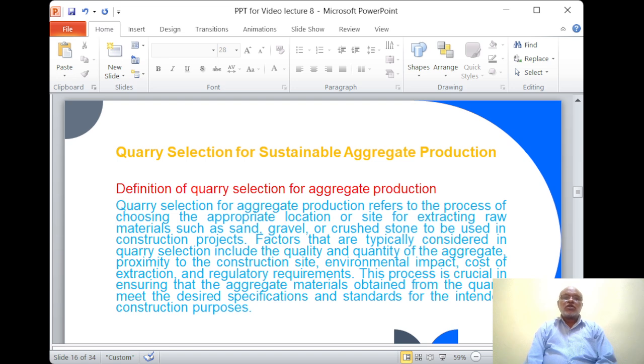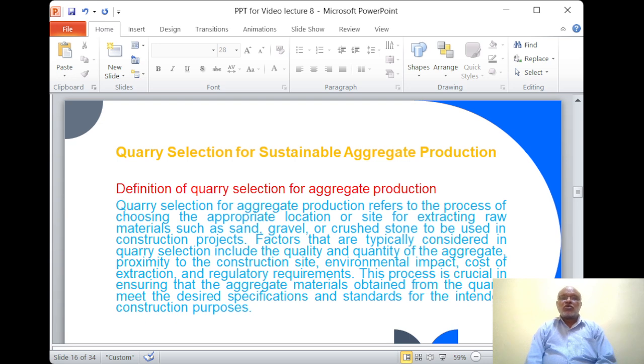Factors to be considered include quality, quantity and accessibility of the material, as well as environmental impact and legal regulations. It is essential to assess geological characteristics such as type and hardness of the rock to ensure efficient production and cost-effective operation.